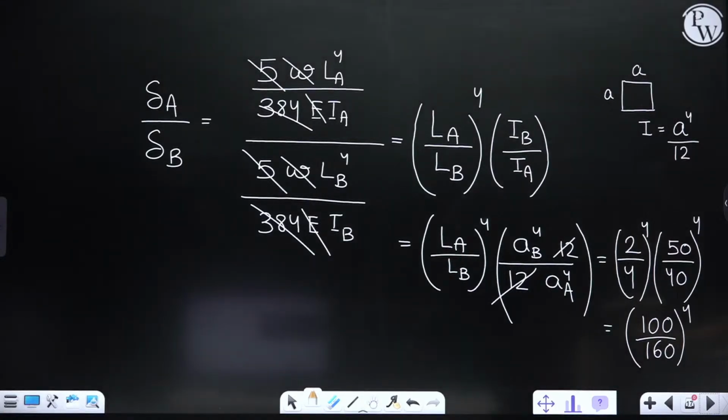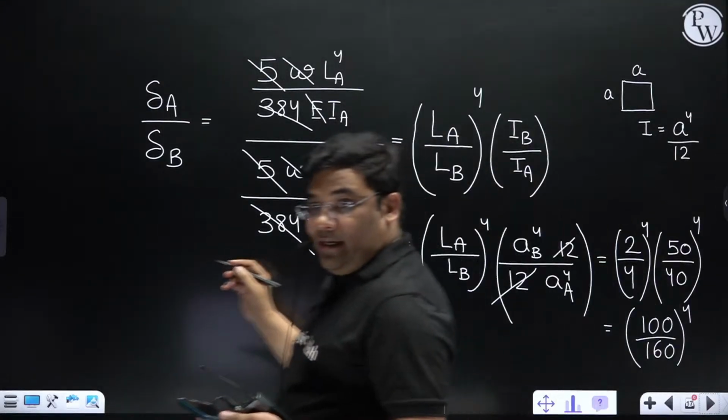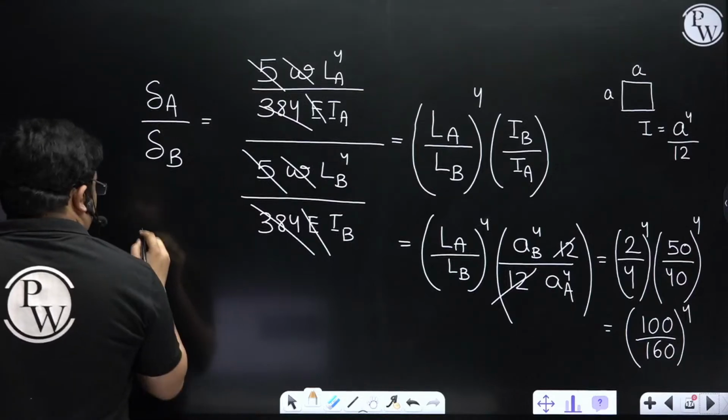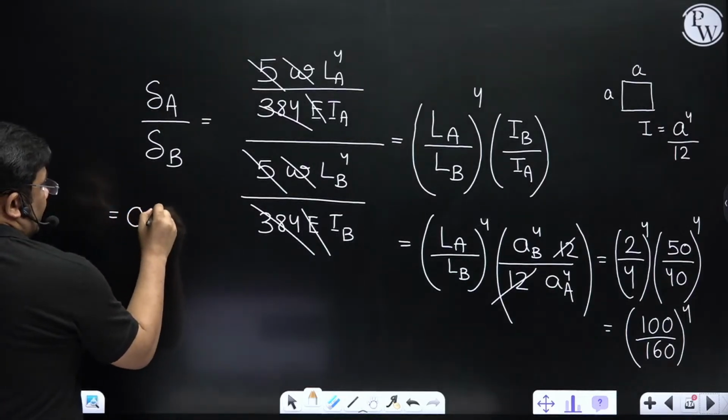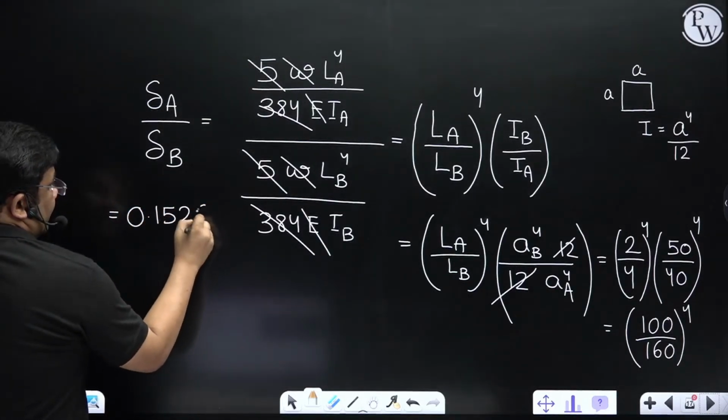When you're preparing for GATE, try to solve more conceptual and more short questions. The concept will be the same, heavy only, but the length won't be that much. I'm getting 0.153. How much are you getting for this ratio? To be more precise, 0.1526.